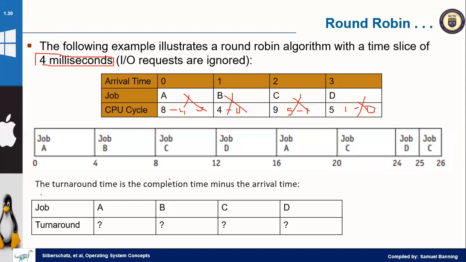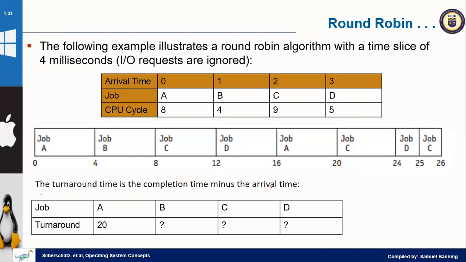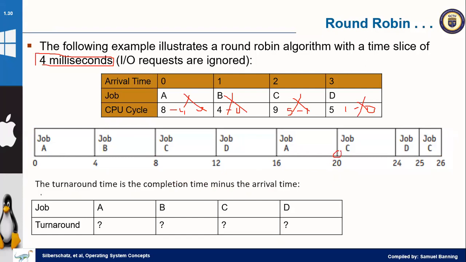What will be the average turnaround time? That is the completion time minus the arrival time for each of these jobs. So what do we get? The completion time of A is, A started here, A completed at time 20. So 20 minus 0 is 20.